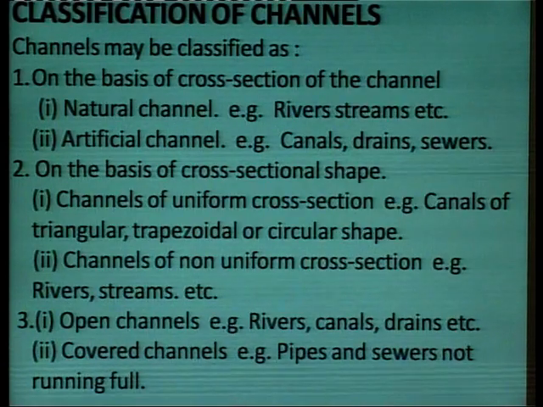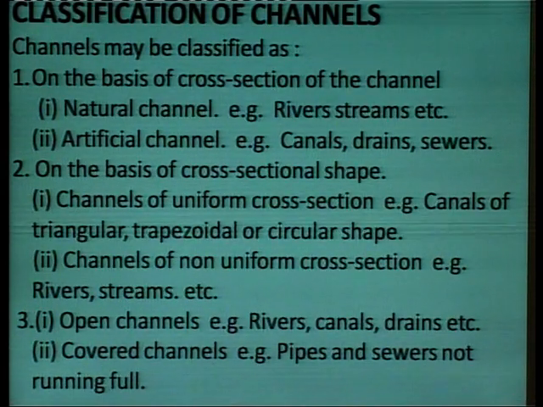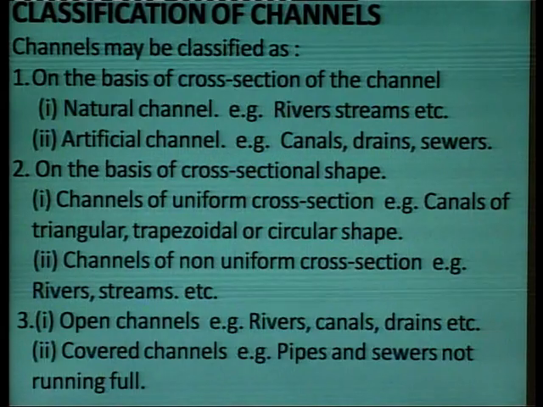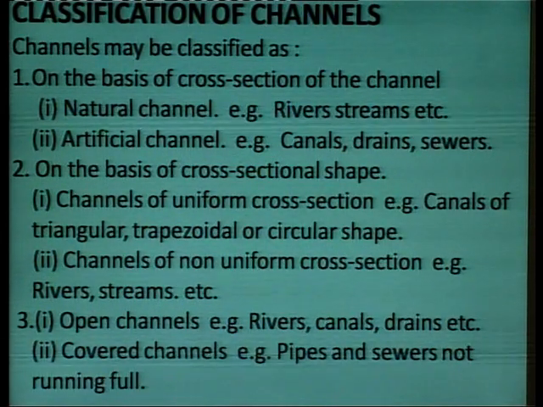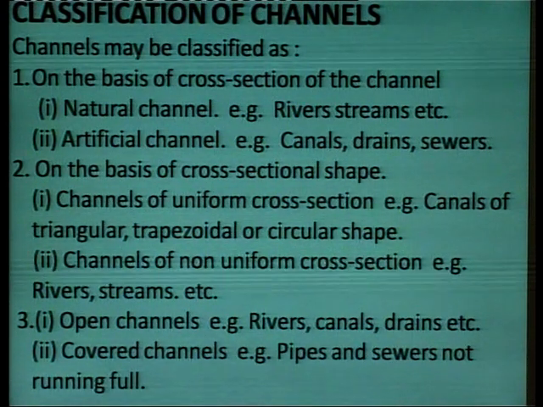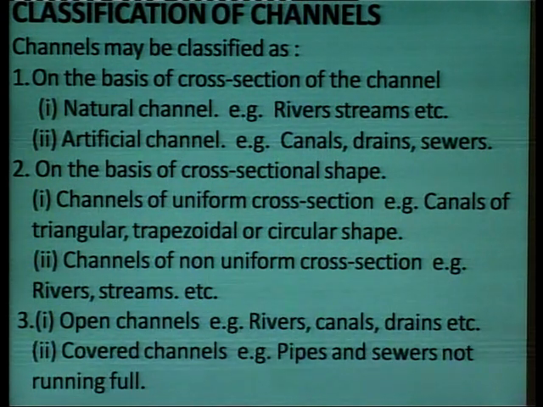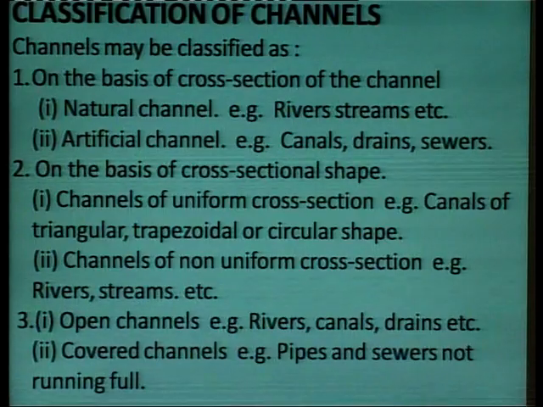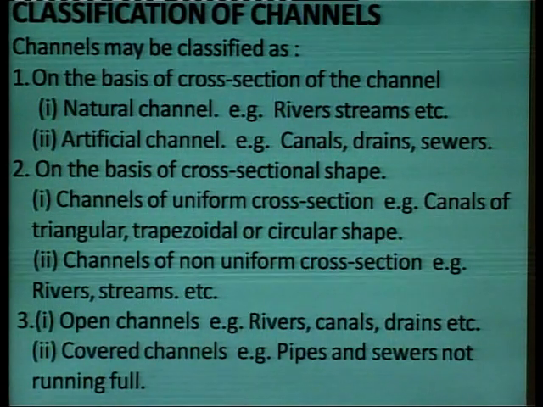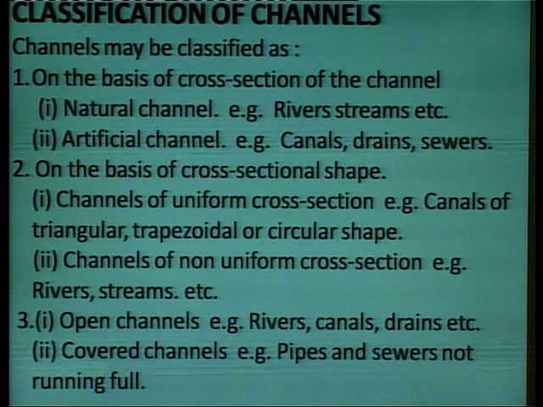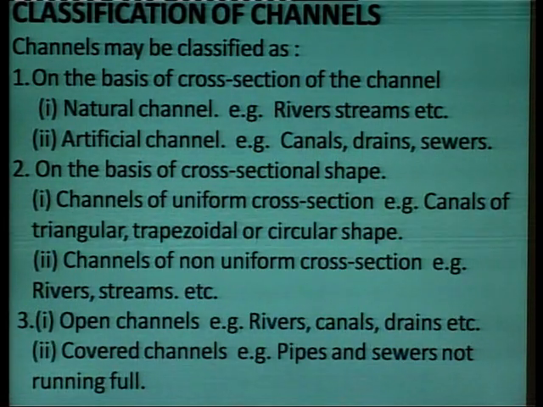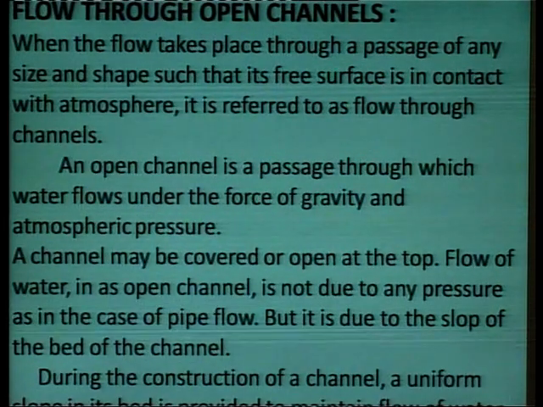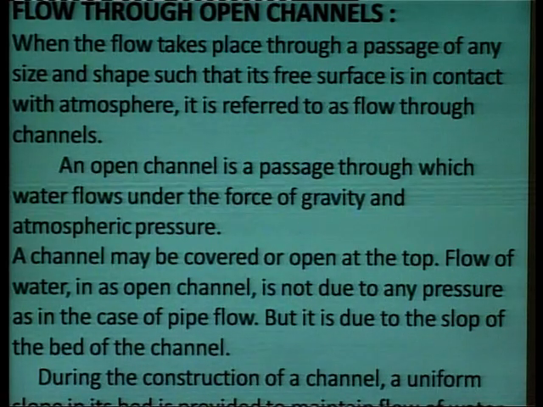The second one is channels of non-uniform cross section, examples are rivers, streams etc. The third one is the open channels, like rivers, canals and drains etc. And the second type of this is covered channels, like pipes, sewers, which are not running full. The condition is that they are not running full.